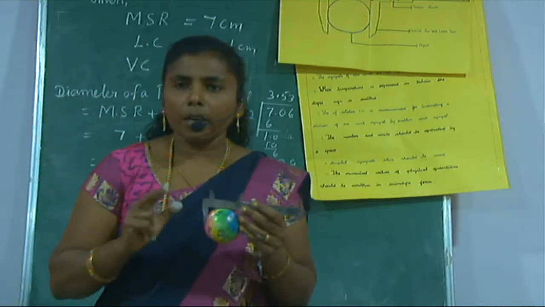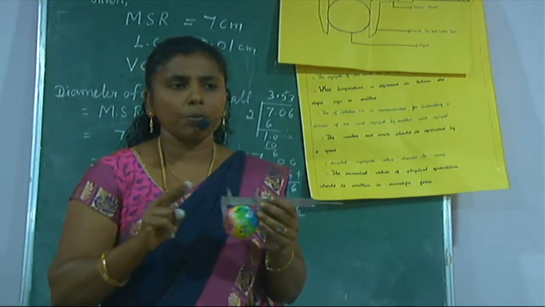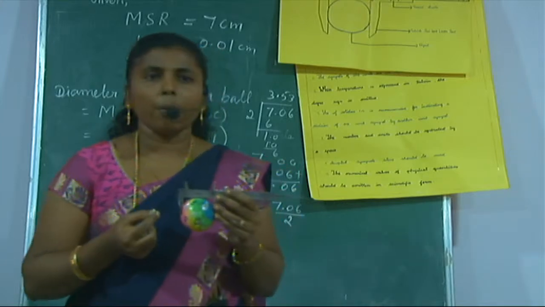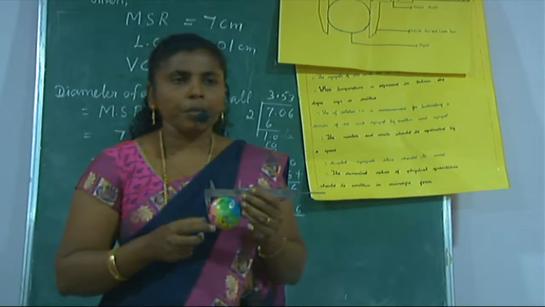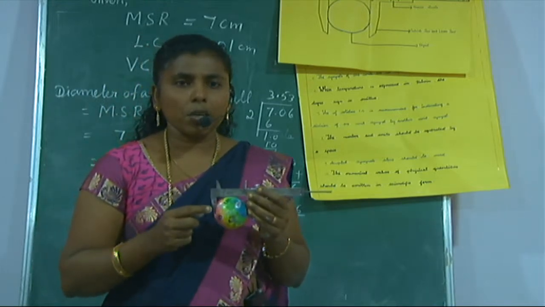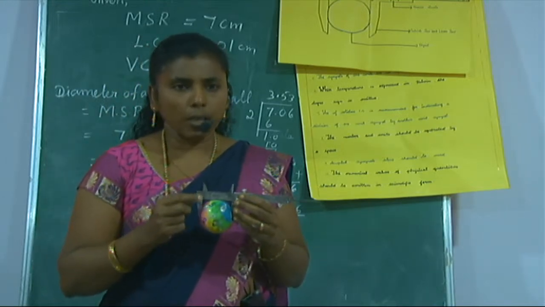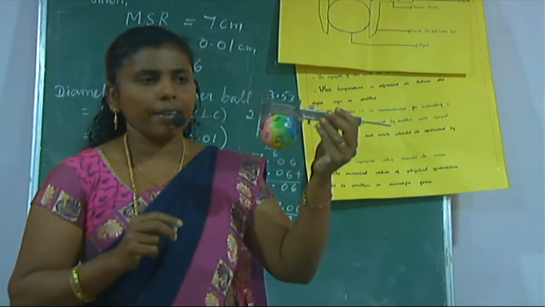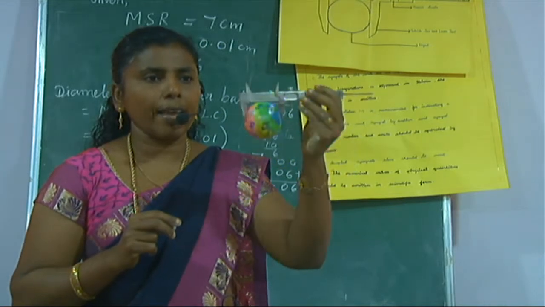Then zero error is of two types: positive zero error and negative zero error. The positive zero error formula is n into LC. The negative zero error formula is minus of 10 minus n into LC. So by using the vernier caliper we can find the least count, zero error and the thickness.